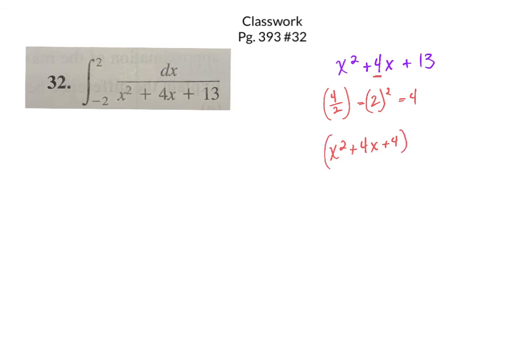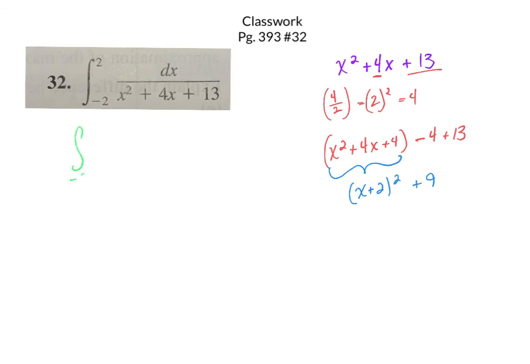And then we're going to subtract a 4. And then we still have our 13. And so we rewrite this as x plus 2 quantity squared, and then minus 4 and positive 13 gives us a 9. All right, and so that's how I'm rewriting my denominator here.